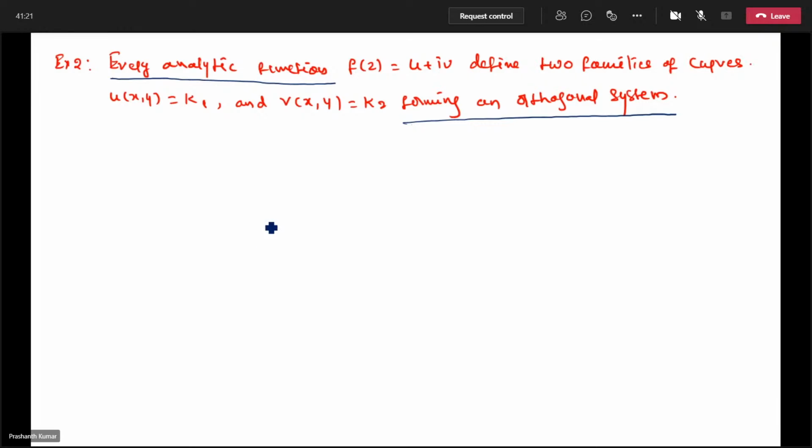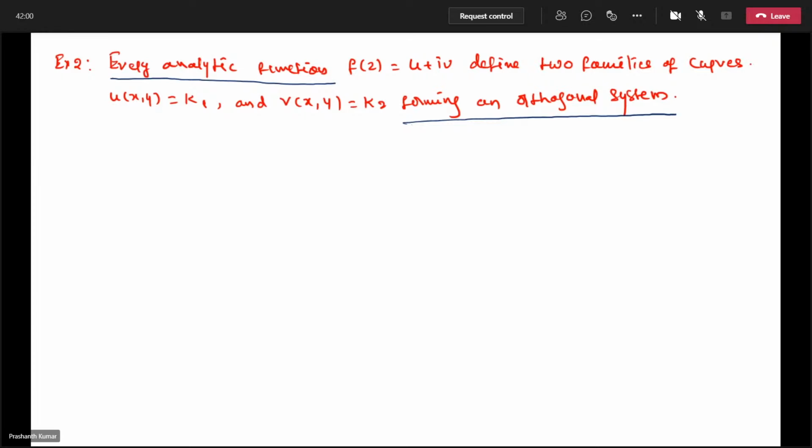That is the meaning. If the given function is analytic, it is not necessary to check further. By this note, we directly write that every analytic function forms an orthogonal system. That means for the given family of curves, you find the orthogonal system. In the examination they will give a question like this.